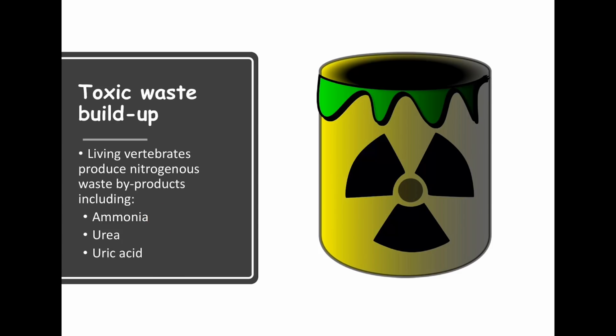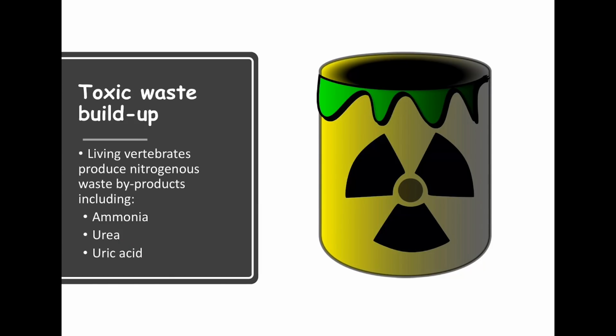Now, if you drink ammonia, that would actually kill you, because that is very toxic. Urea, if it builds up in high concentration, can also have a negative impact, as well as uric acid. So the kidneys play a huge role in eliminating some of these wastes before they build up.